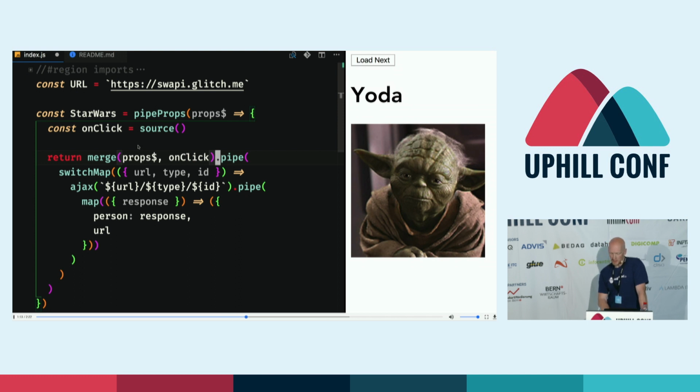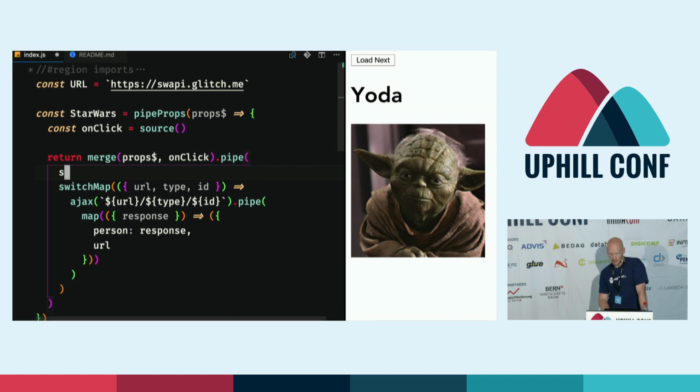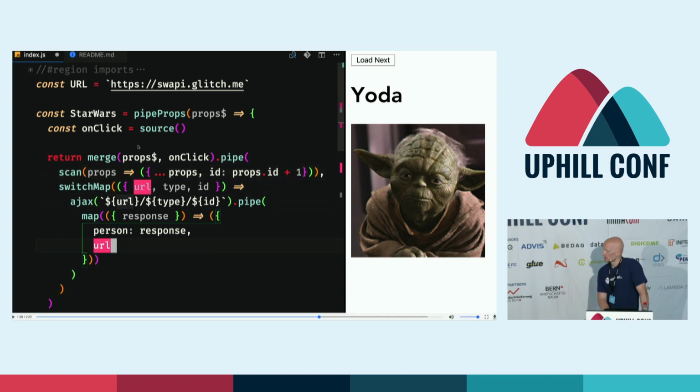So when the props come in or the onClick comes in, I can scan the props and take the ID and add 1 to it. Now, scan is not quite the same thing as, but can equate to, set state in React. Or scan is the same thing as reducing over an array asynchronously.